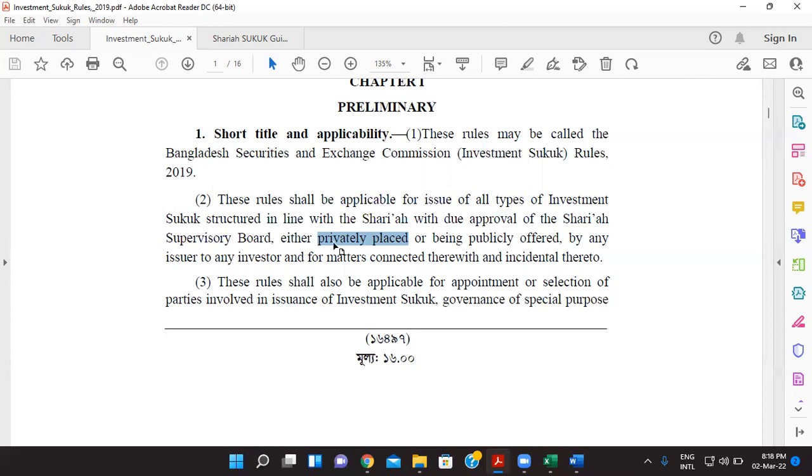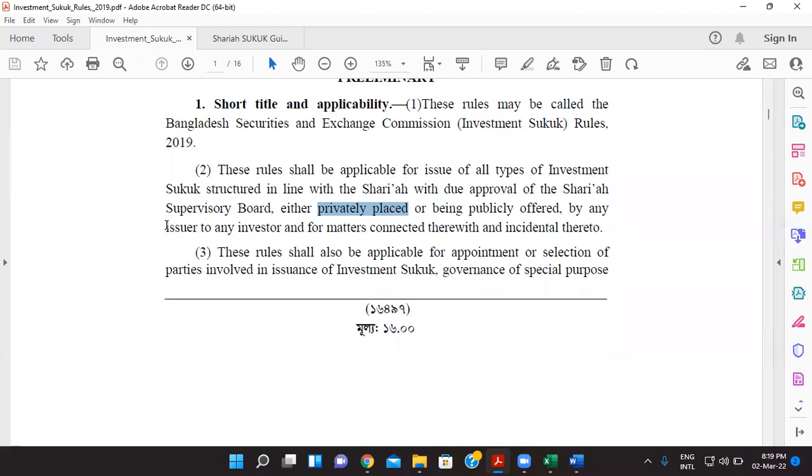You have probably come to learn about the private placement and the public issue. Similarly, sukuk as a capital market security, long-term security, can be privately placed or publicly offered. And it can be issued by an issuer to any investor and for matters connected therewith and incidental thereto.